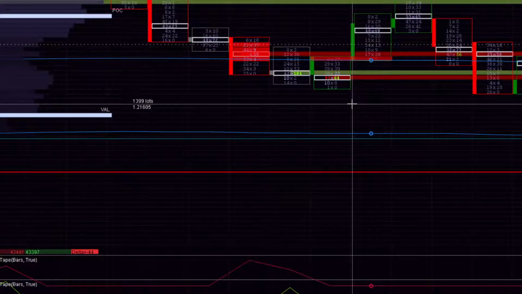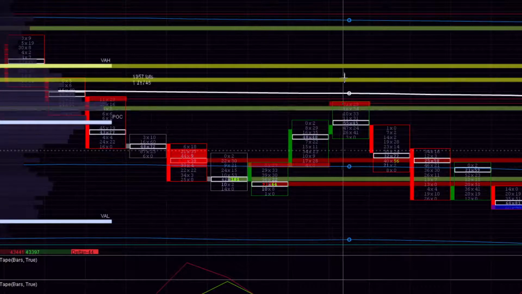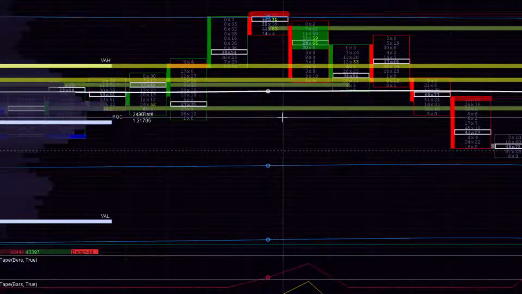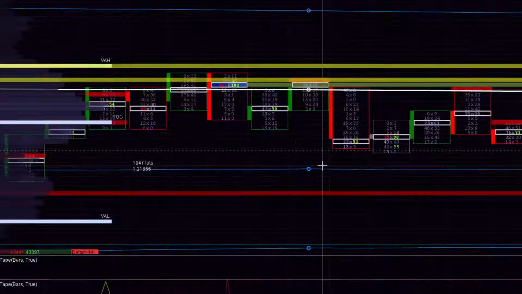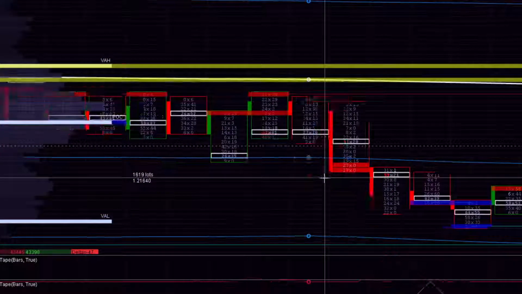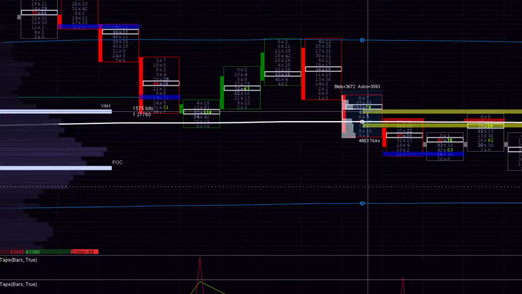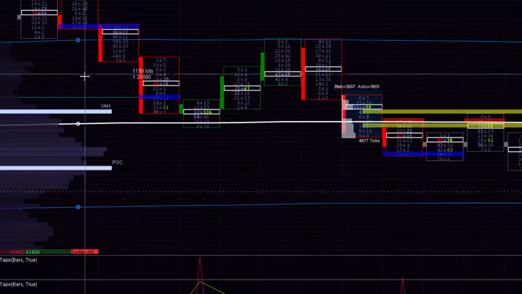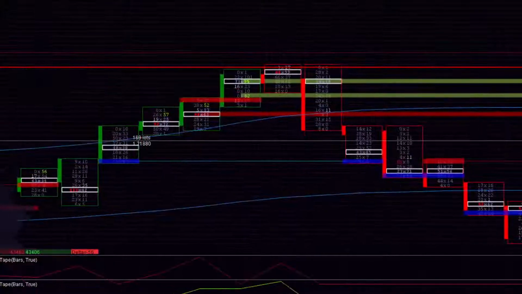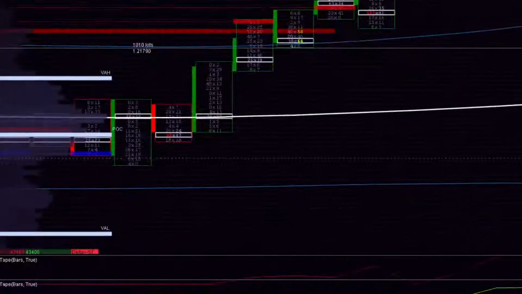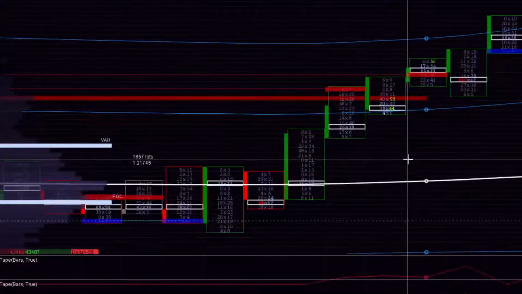The euro was sliding down here, you can see, and I was waiting for the price to reach this area, because let me see if I can find where I put my entries here. Okay, you can see here. Before going down, it was going up, right?